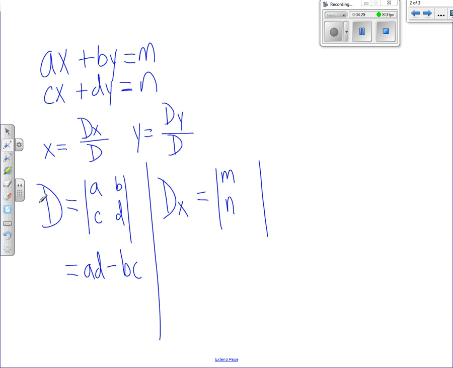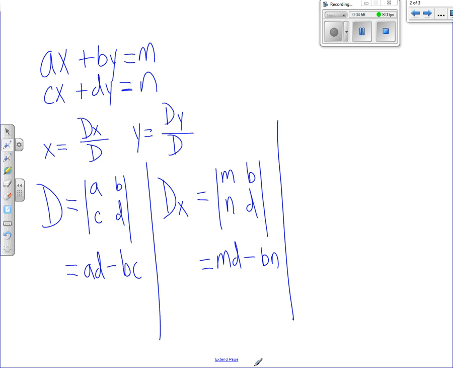So A and C, they're out of the picture. We're going to drop in our B and D. And to compute that determinant, you do it the same way you did this one. Upper left times lower right. Upper right times lower left. And then we subtract the two.